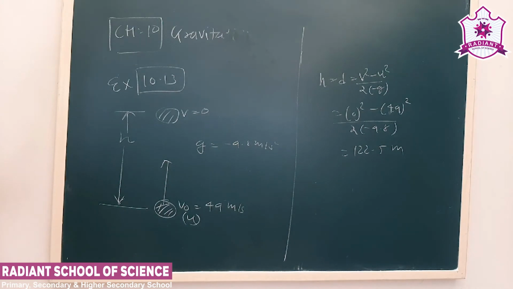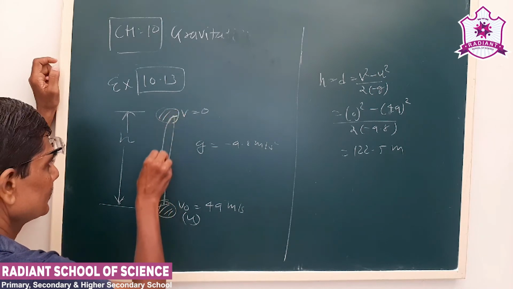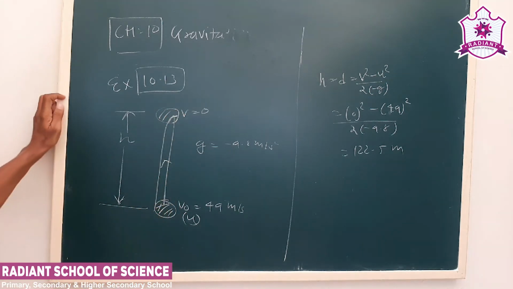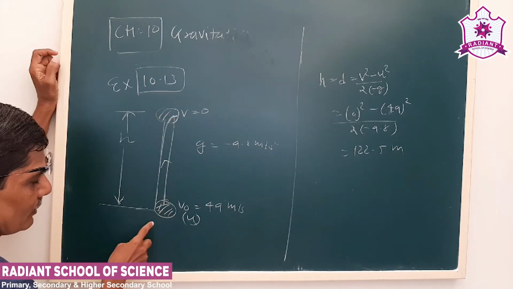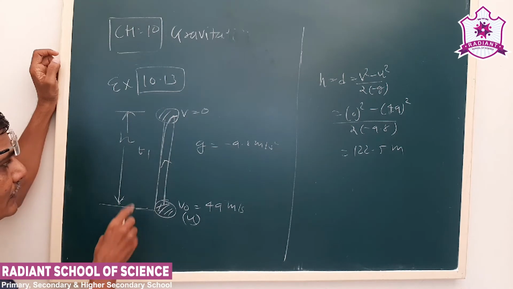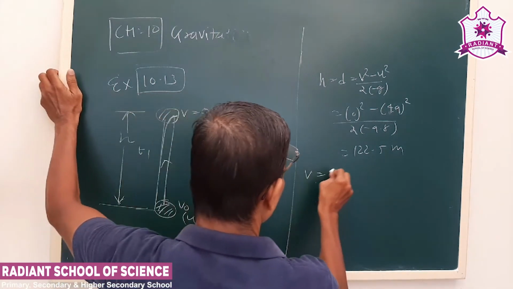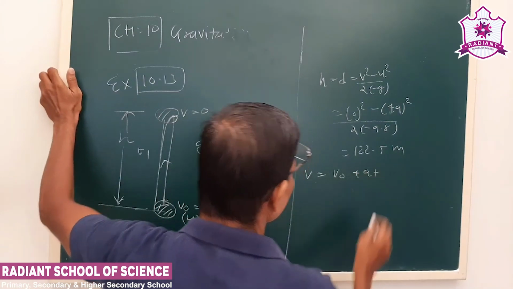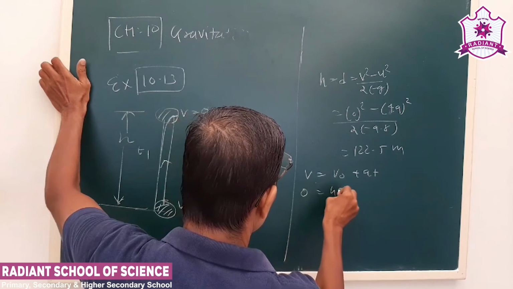Second part of the question: total time it will take to reach to the earth. Now it is thrown like this, and will come back. Let us say time to move from point of projection to maximum height is t1, and the total time t will be 2 times t1. Now your equation v is equal to v0 plus at. At highest point velocity is 0, v0 is 49.